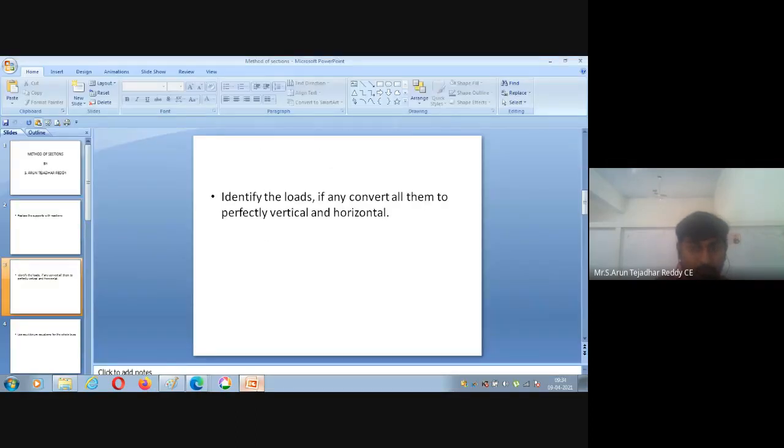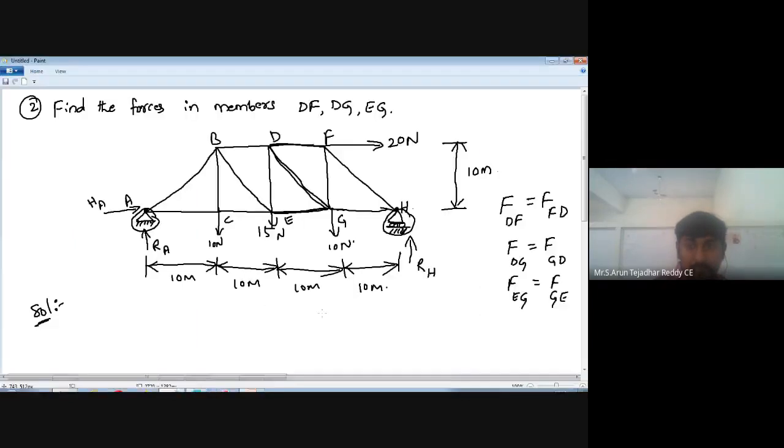What is the second step? Identify the loads, and if any are inclined, convert them to perfectly vertical and horizontal. First of all, identify the loads in this given truss. Here this is 10 newtons, 10 newtons, 15 newtons, 10 newtons, and here 20 newtons. These are all the external loads. Among these, identify if any load is acting inclined.